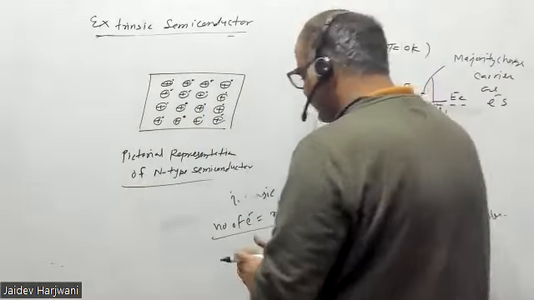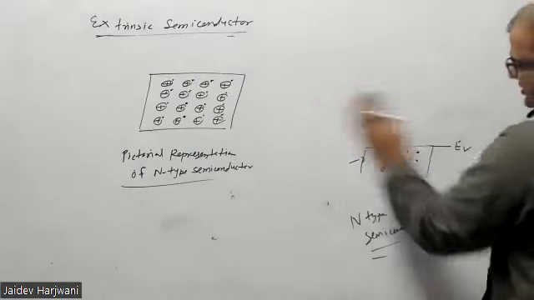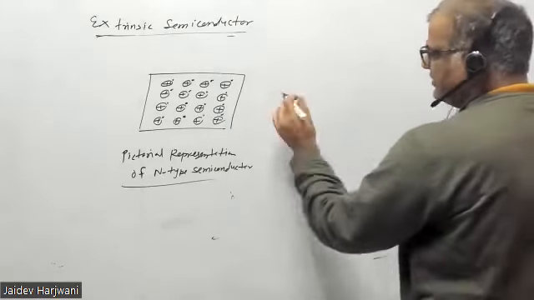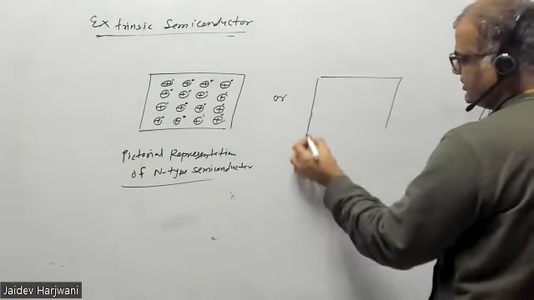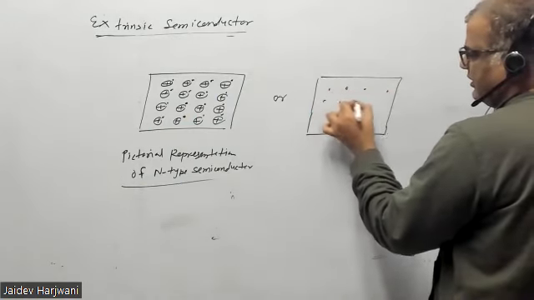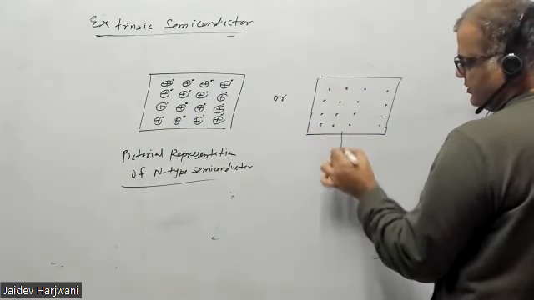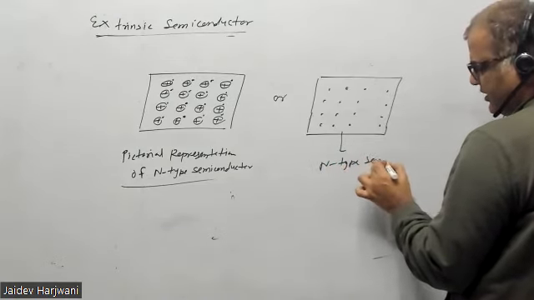Either you represent n-type material like this, or there is a possibility you can also represent it differently. Generally this is the way you represent, or, because the electrons are the majority charge carriers, you can show these as the majority charge carriers. This is also a kind of representation of n-type semiconductor.